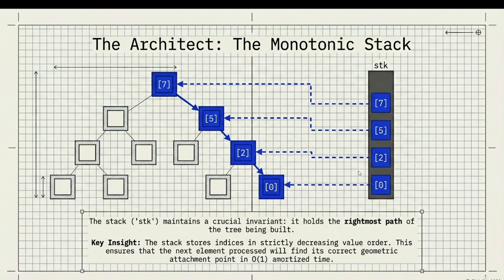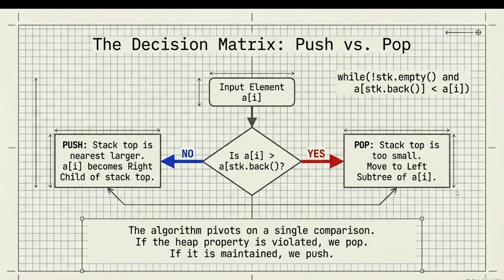We use this stack because it holds the current rightmost path, and whenever we get something that is not in this path, we add it and accordingly change the stack elements.